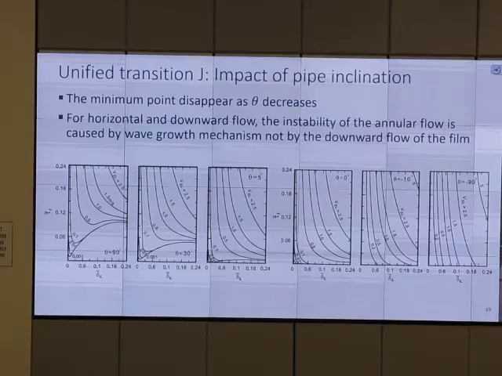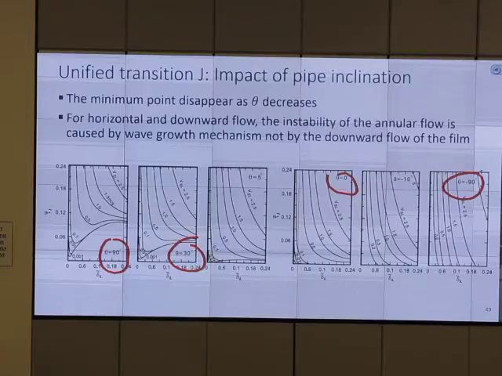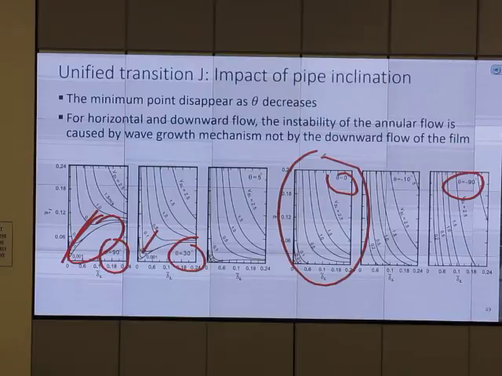Before we do that, let's take a look at how this graph behaves for different angles. That's 90 degrees, 30 degrees, and 0 degrees, minus 90. What you see is that the minimum point disappears, right? Once we have 0, we don't have any minimum point.